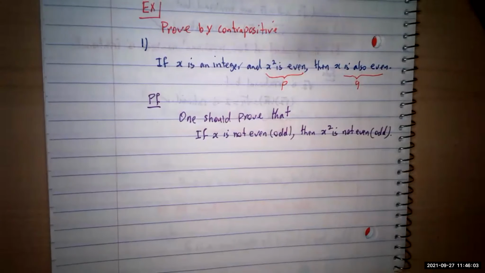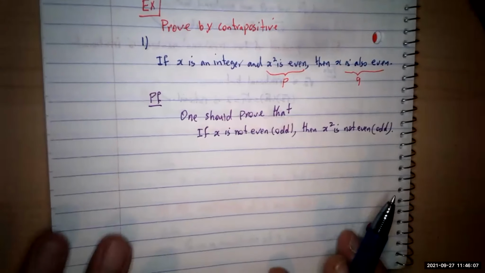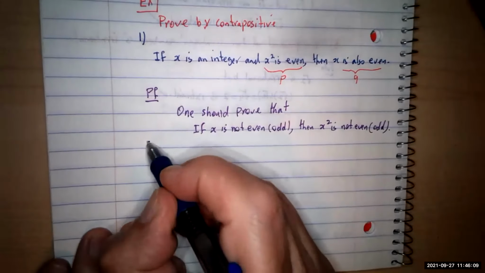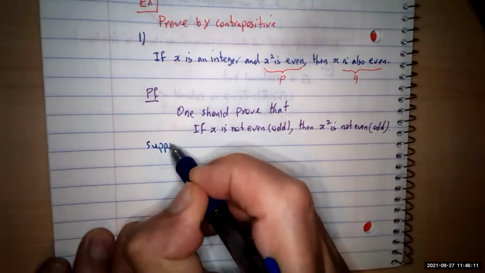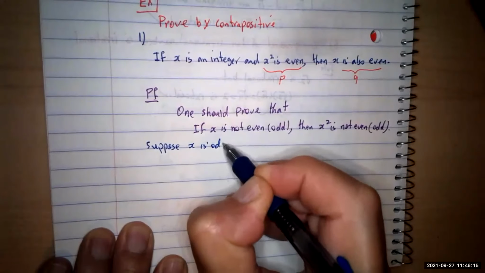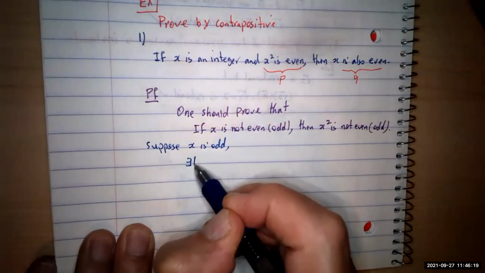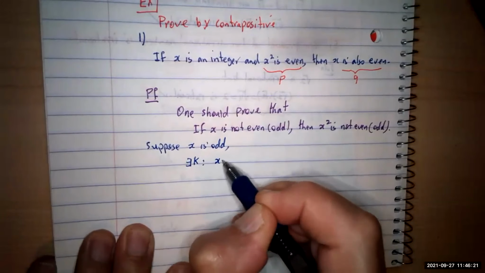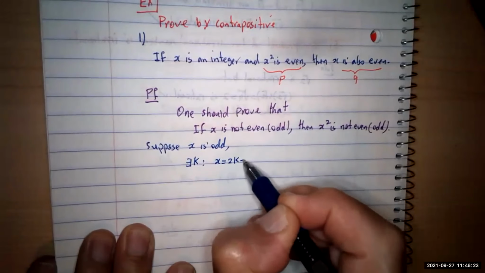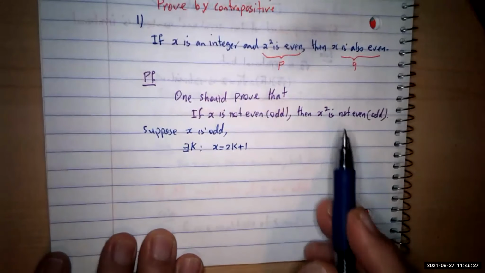Now we are going to do it. If x is odd, you know the definition of the odd numbers. So we say, suppose x is odd. What does it mean? It means there is a k such that x is equal to 2k plus 1. That's the definition of the odd number. Square it.